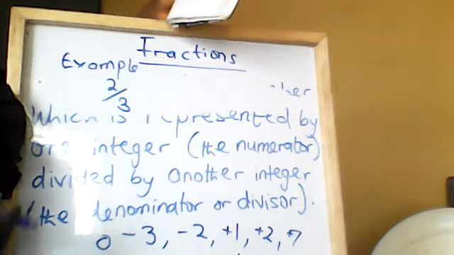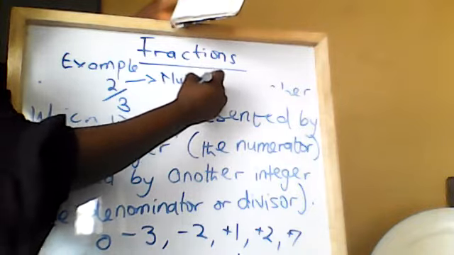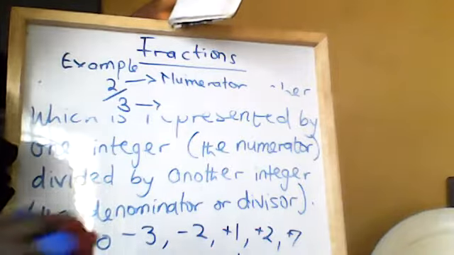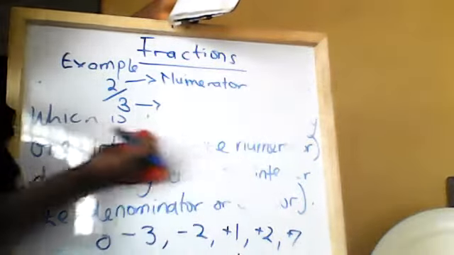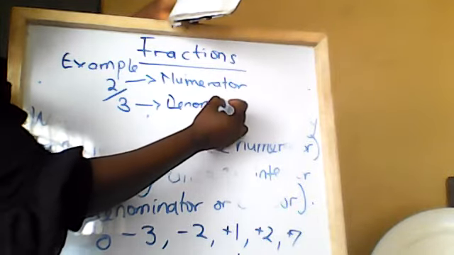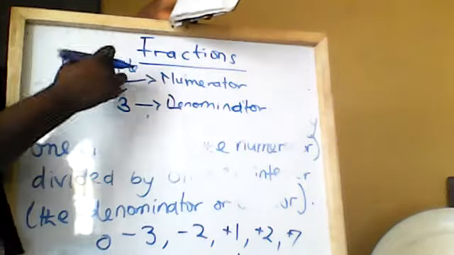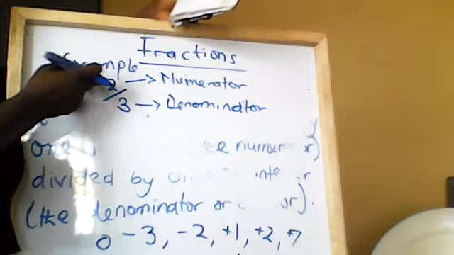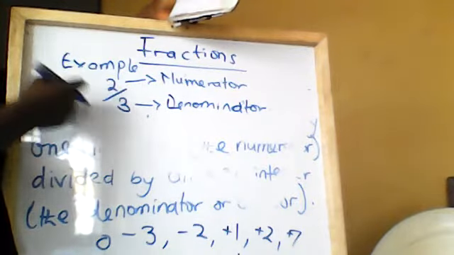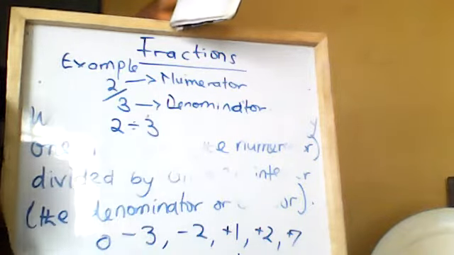This is an example of a fraction, 2 being the numerator and 3 being the denominator or the divisor. Which means it is dividing the number on top. 2 is divided by 3. This is what this means.